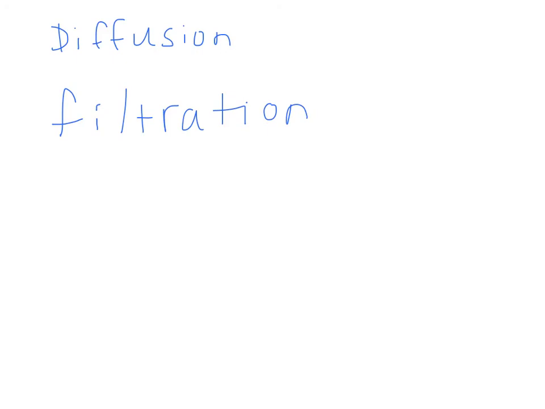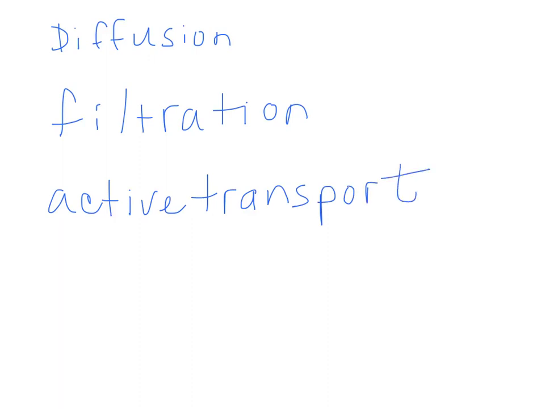Then when we talk about active transport, we think of molecules moving across a cell membrane and the epithelial membrane against a concentration gradient. So it's moving the cells and the epithelial membrane against concentration. Then in order to have active transport, it requires ATP.